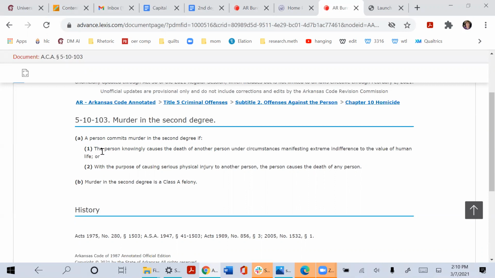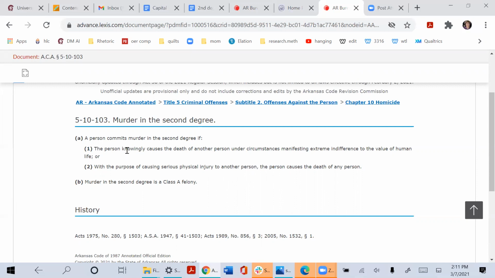The first one is what I call the general variety of second degree murder. It is knowingly causes the death of another person under circumstances manifesting extreme indifference to the value of human life. This is a general category of second degree murder. It establishes what's called the mens rea, or guilty mind in English, of second degree murder. That is the level of intentionality that you need to have in order to be convicted of second degree murder.